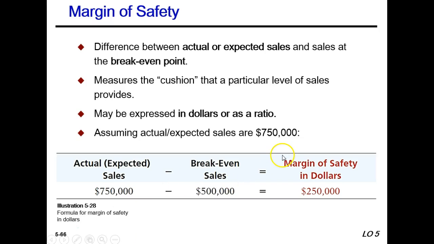So that margin of safety is what we want to make minus what we need to make just to break even. That difference is the sales price, is the margin of safety. This is not our net income. This is the sales price of the difference.